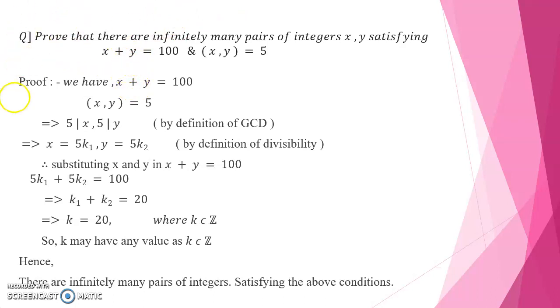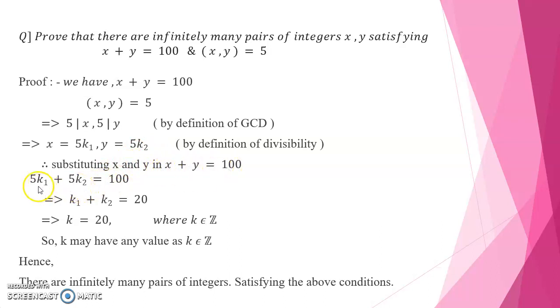Looking at the conditions, that is x plus y equal to 100 and GCD of x and y equal to 5, what does the definition of GCD say? 5 divides x and 5 divides y. Again applying the definition of divisibility, we have x equal to 5k1 and y equal to 5k2. These are substituted in the equation x plus y equal to 100.